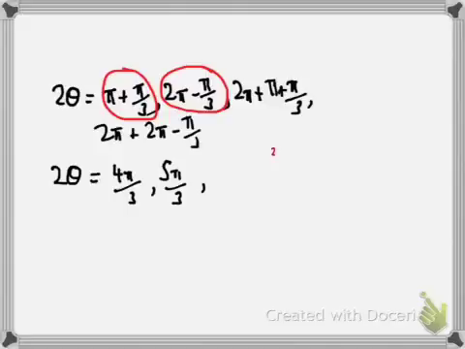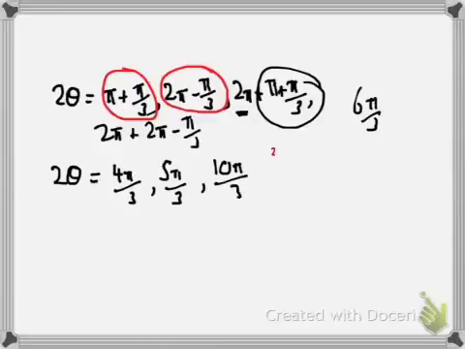Next one. Now, we're basically adding 2 pi to our first result. 2 pi, remember, is 6 pi on 3. So that's 6 pi on 3 plus 4 pi on 3, which is 10 pi on 3. Last result here, once again we're adding 2 pi to our second result. 6 pi on 3 plus 5 pi on 3 is 11 pi on 3.